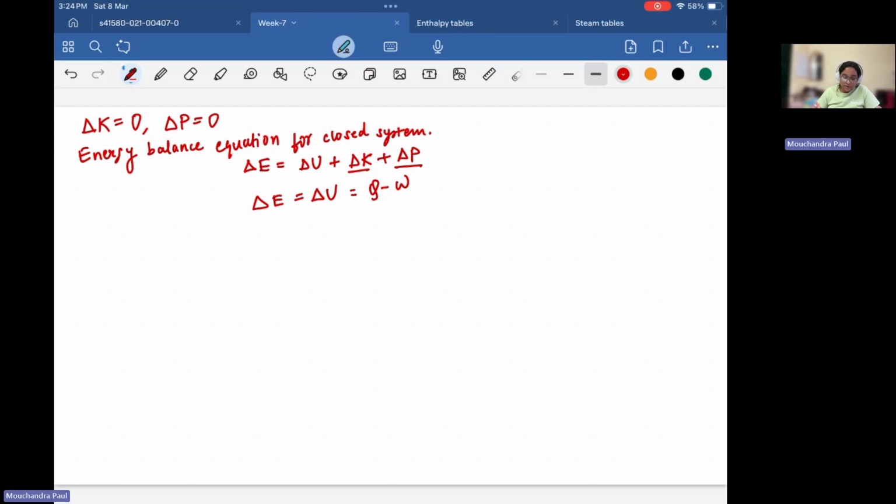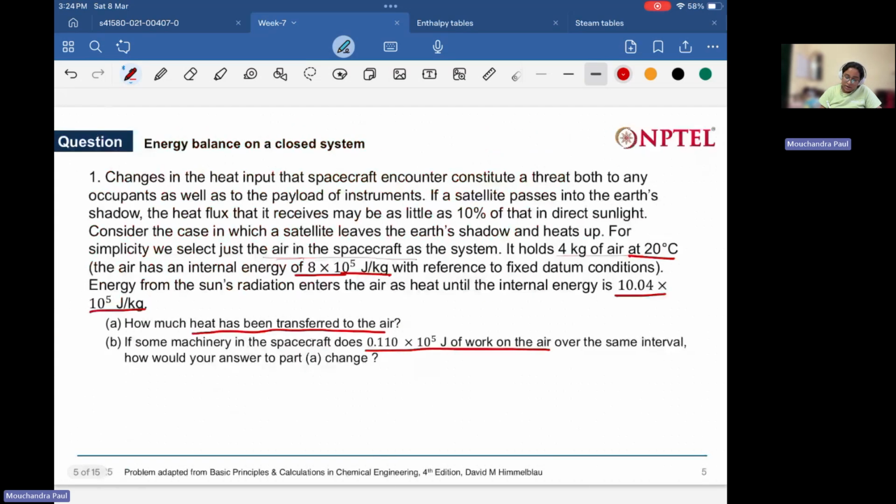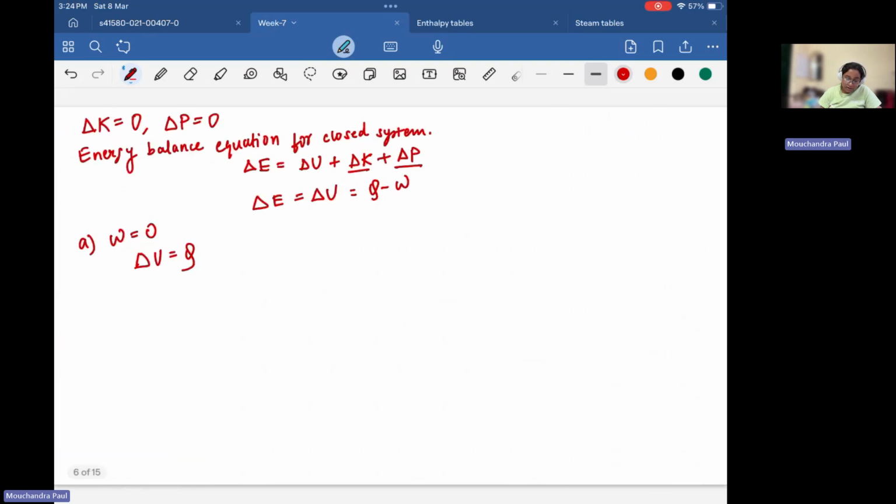For the first part, part A, W is 0, which means there is no work done by the system or on the air. So delta U is equal to Q. We know the change in internal energy. Initially the air has an internal energy of 8 into 10 to the power 5.